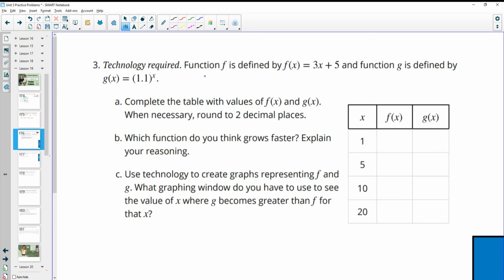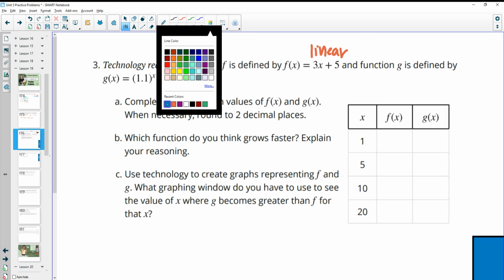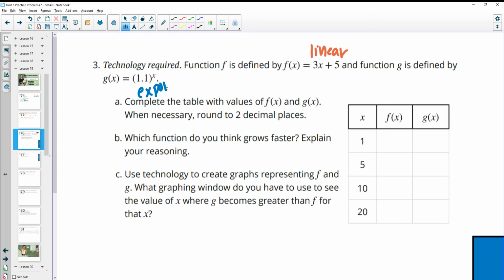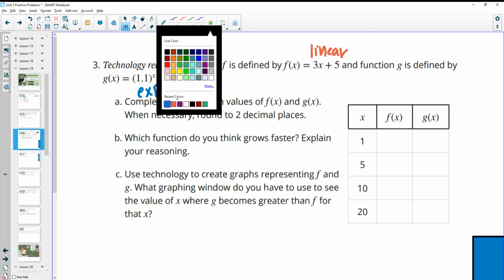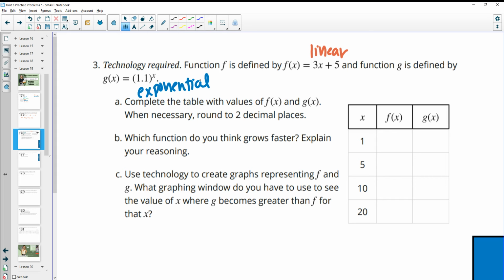Number 3, function f is defined by 3x plus 5, and g is defined by 1.1 to the x power. So we have a linear function, and we have an exponential function. It wants us to complete the table with the values for f of x and g of x and round to 2 decimal places.